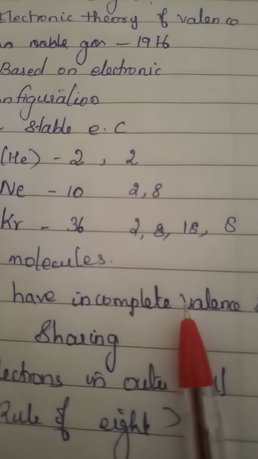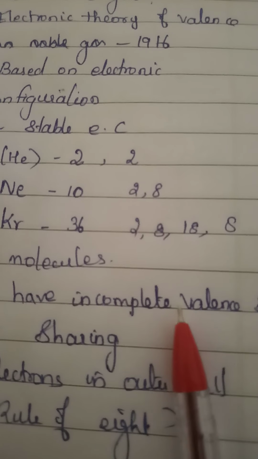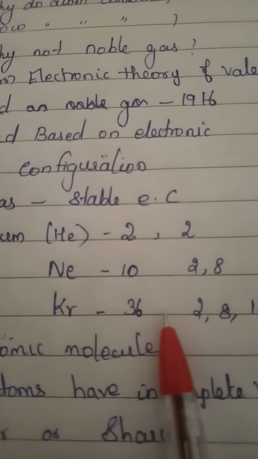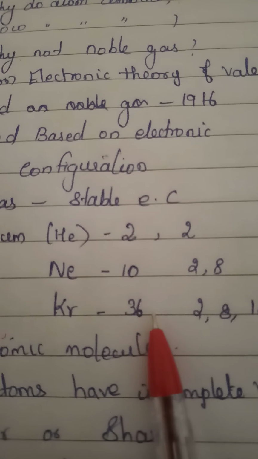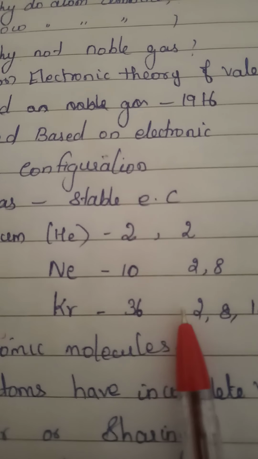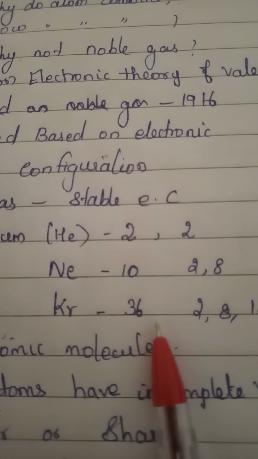Oxygen cannot exist as an oxygen atom because oxygen does not have 8 electrons in the outer shell. For example, oxygen has less than 8 electrons in the outer shell, so it is not stable.